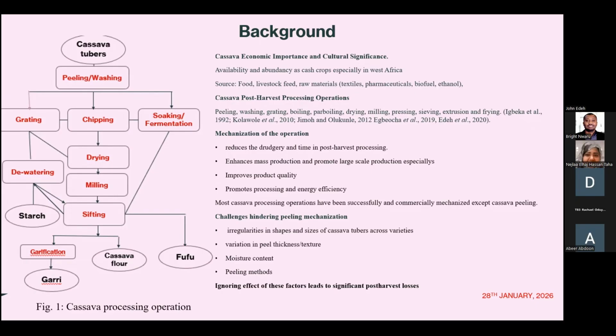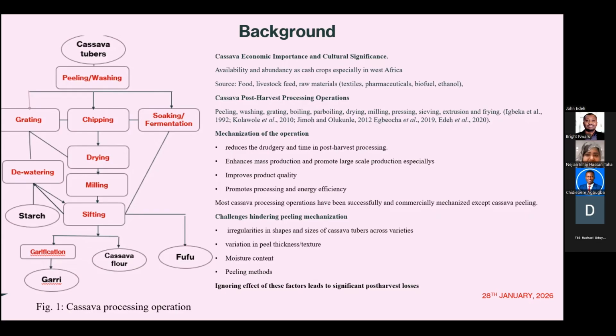And this cassava has a lot of applications as food products, livestock feed, and raw materials. We have starch that is majorly used in textile industries and pharmaceuticals, and also used to produce biofuel, an alternative source of energy, and then ethanol. All these things are gotten from cassava.